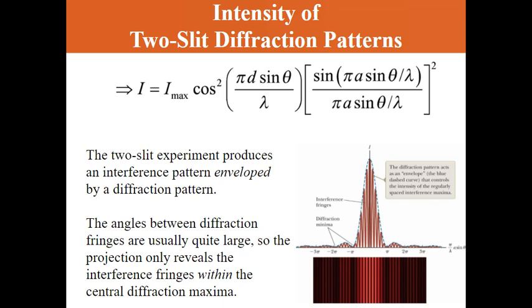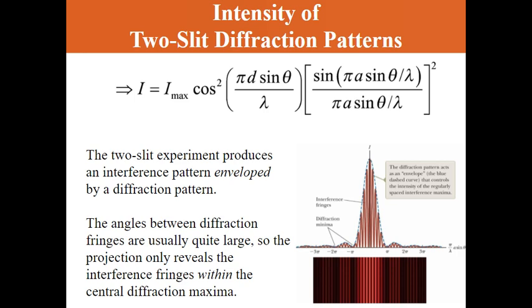Therefore, you only see the interference fringes within the central fringe, and that's what Thomas Young saw, and that's what you get to see in the lab if you were doing the double slit experiment. So you don't really notice the big diffraction pattern that goes on. You should see the interference pattern occurring from the two slits.